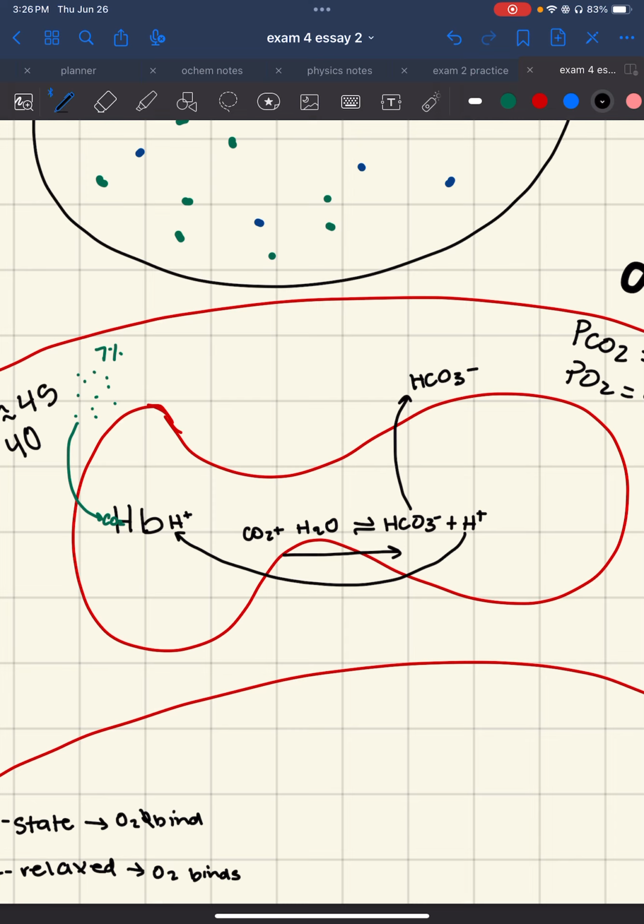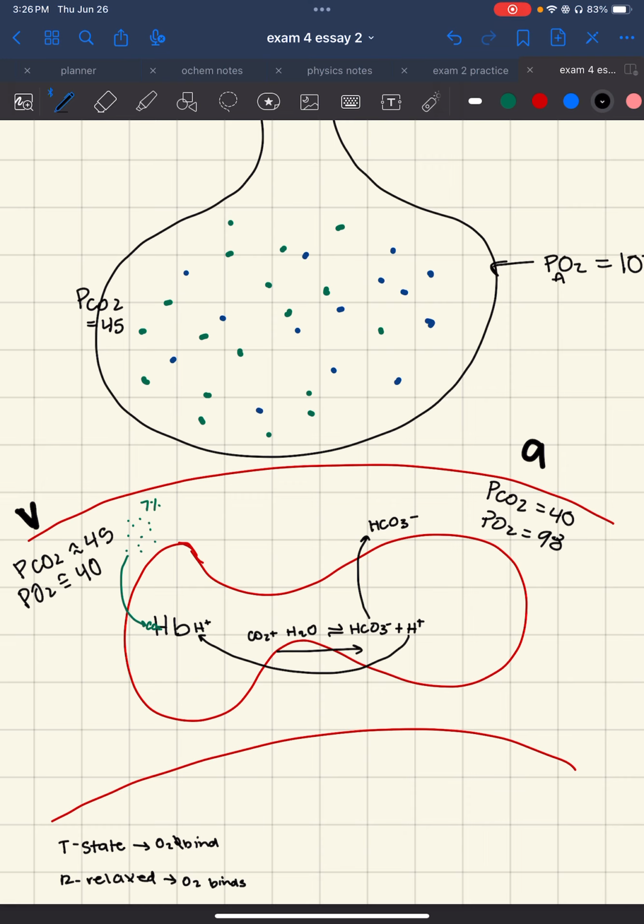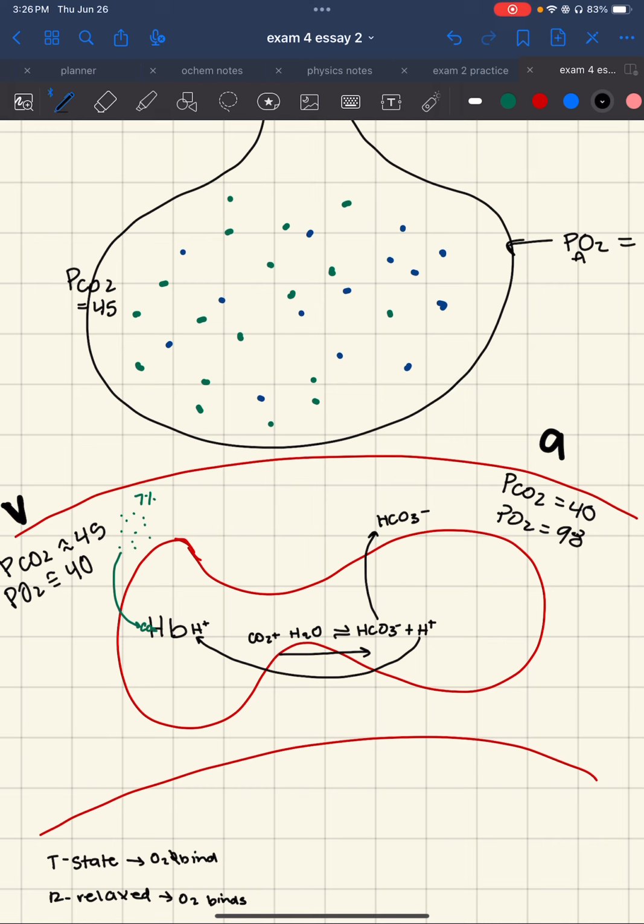They bind somewhere else, but they do bind and they increase the probability of the hemoglobin being in the T state, and basically they kick off the oxygen. So the more that this happens, the more that the CO2 is here, the more oxygen leaves.